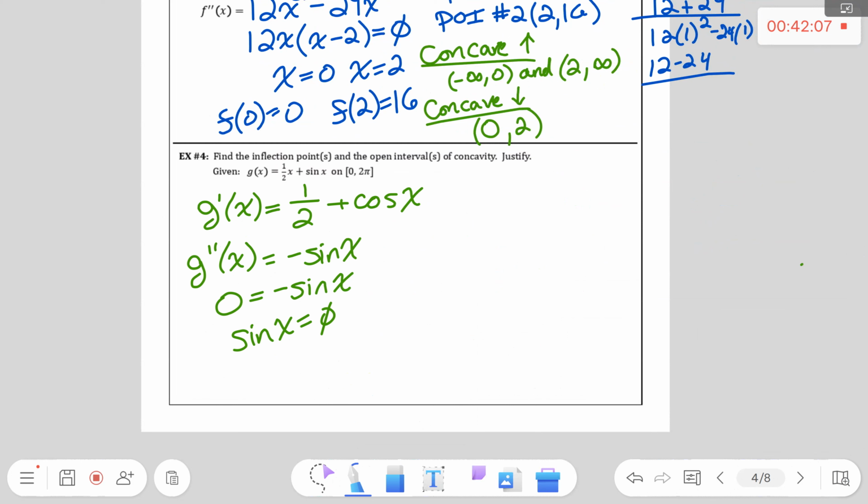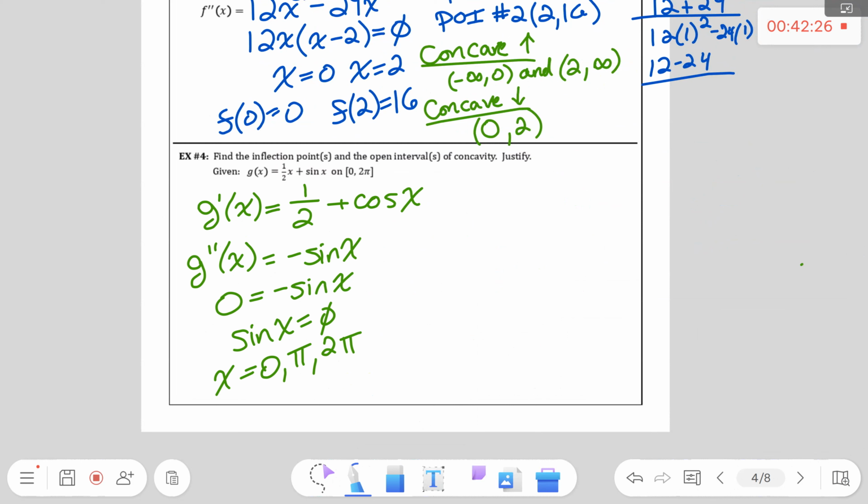Yes. So 0 and 2 pi are like the same point. One's got a full rotation on it.